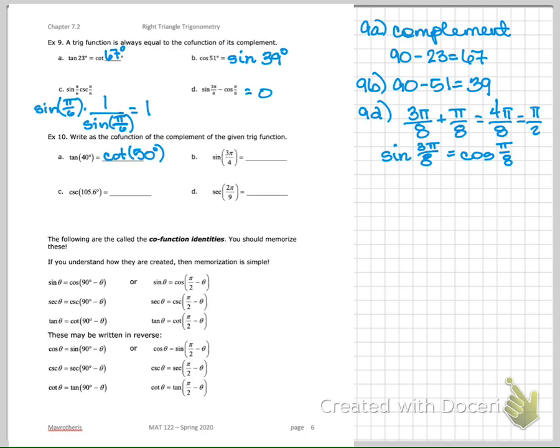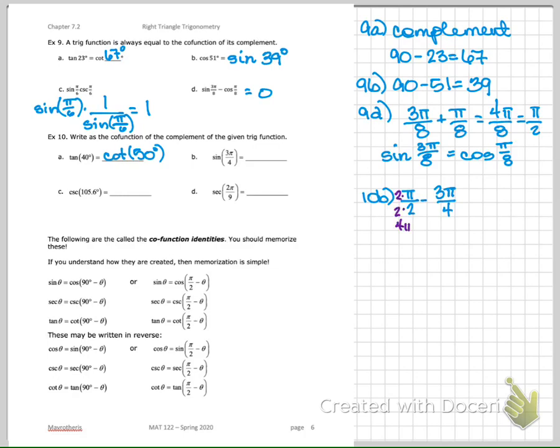B, again, a little more work. So we're on 10B here. I need to find the complement of 3 pi over 4. So I have pi over 2 minus 3 pi over 4. We need to get that common denominator so that we can subtract these.